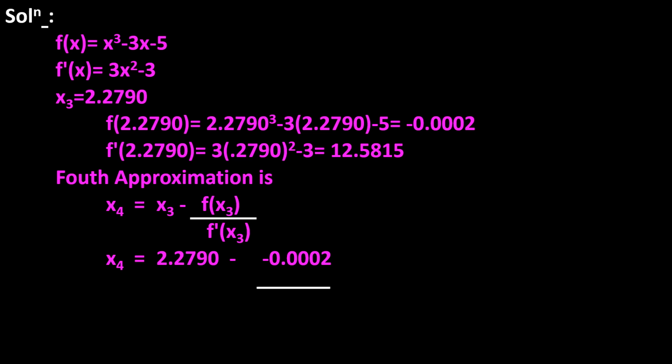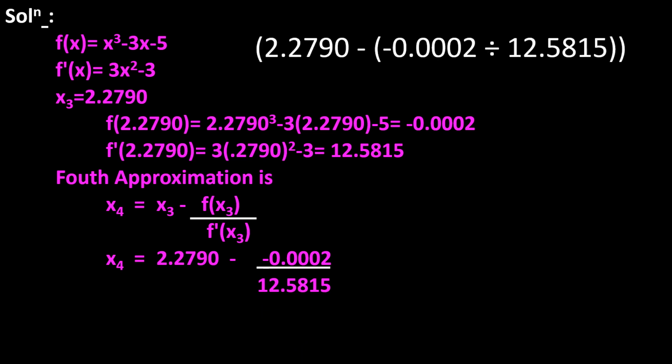(−0.0002) divided by 12.5815. Upon solving this in the calculator, we need to write in the form: open the bracket, 2.2790 minus, again open the bracket and write another minus. Here this minus should be the small minus sign which is present in the calculator, 0.0002 divided by 12.5815, close the bracket.